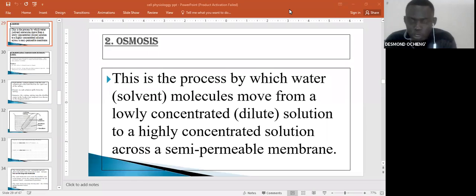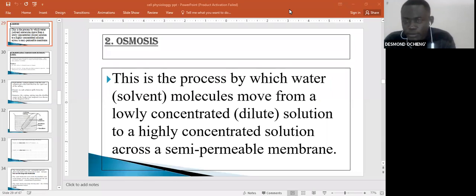I also outlined the objectives of our last class. And as usual, I'd also like to outline the objectives of our class today. But before that, I just want us to remind ourselves of what we learned in our last class.